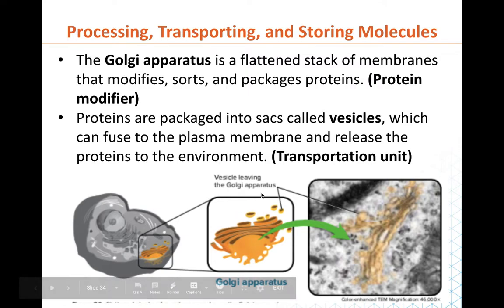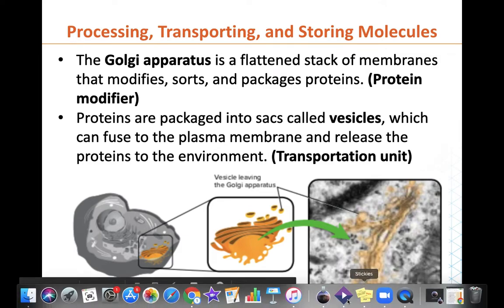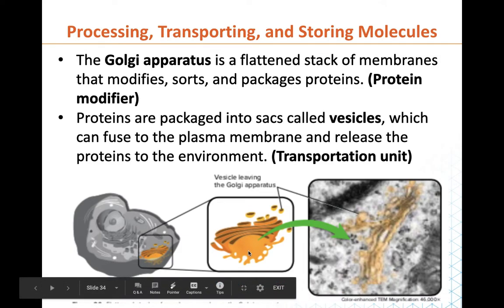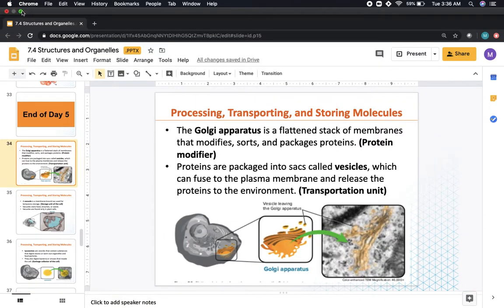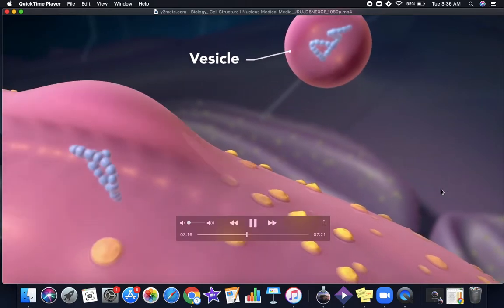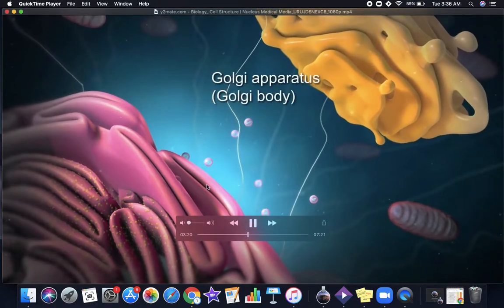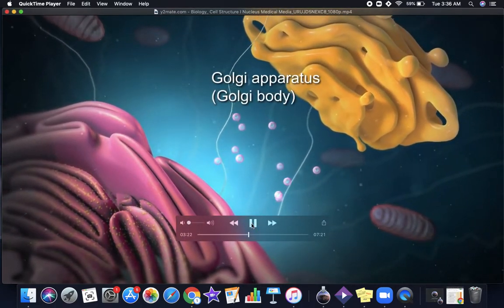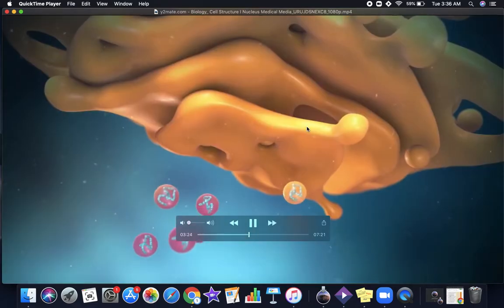All right, so let's go ahead and look at this for a second. You guys remember that proteins are built in the rough endoplasmic reticulum by the ribosomes, and then they are transported in vesicles to the Golgi apparatus, right?